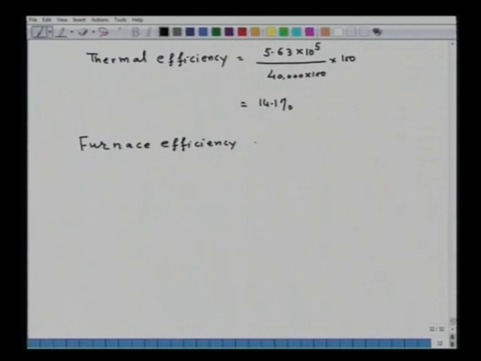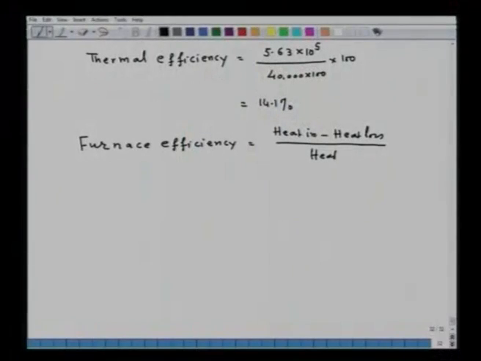So, furnace efficiency is equal to heat in minus heat loss. Again, I emphasize this heat loss is through the lining and other losses, it has nothing to do with the heat taken by POC, divided by heat in, into 100 of course for percentage.